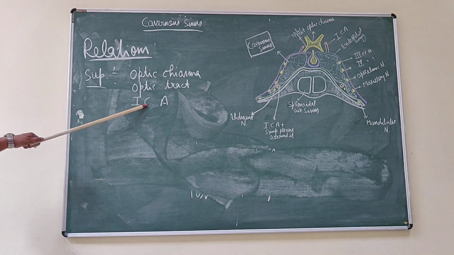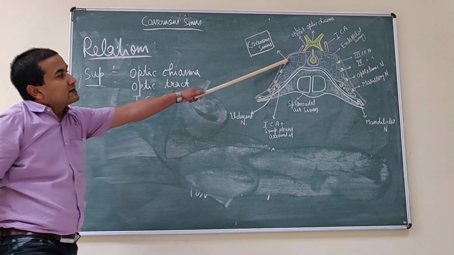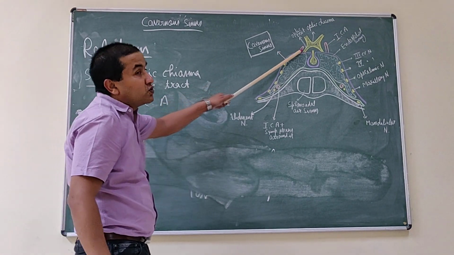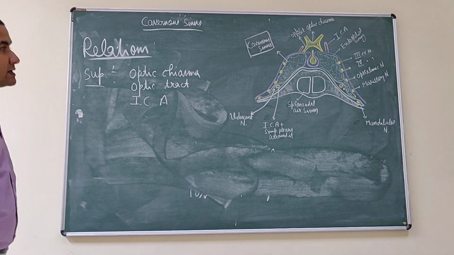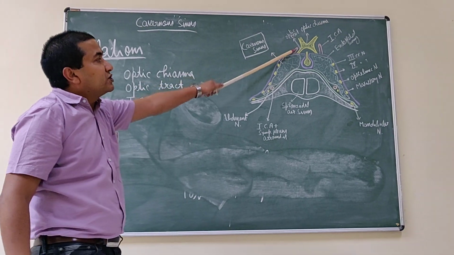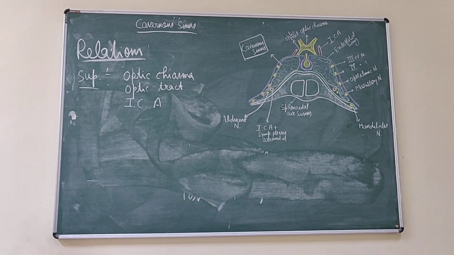This internal carotid artery comes out from the cavernous sinus by piercing its roof, and then it divides into its terminal branches.